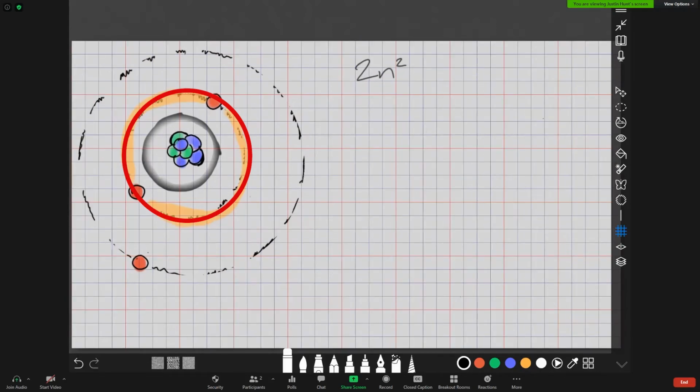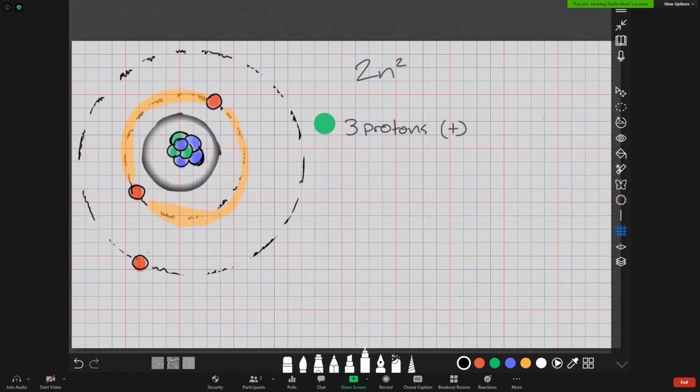Right now we're looking at lithium. Lithium by default has 3 protons, or 3 positive charges, 3 neutrons, which are inconsequential, and 3 electrons, which are negative. But you'll notice that not all of the electrons are occupying the same orbit.